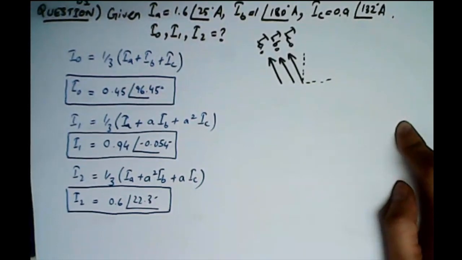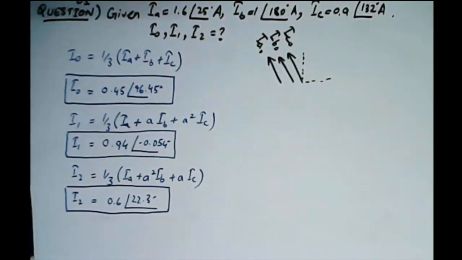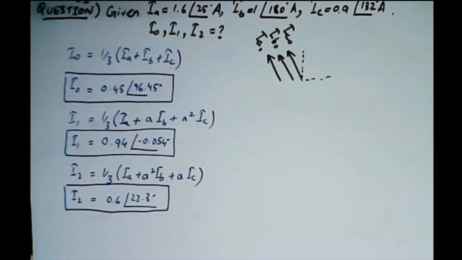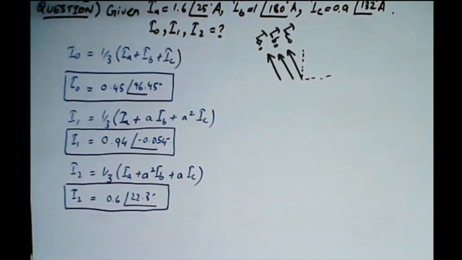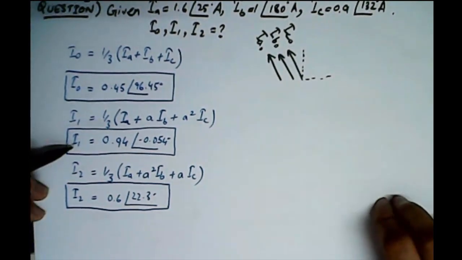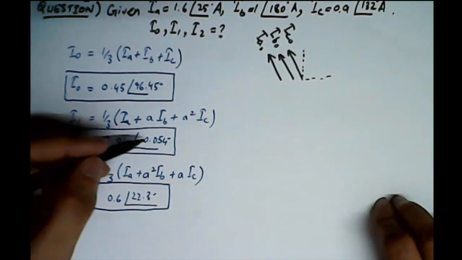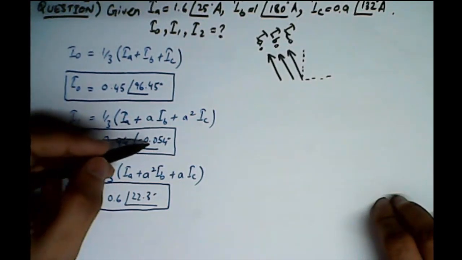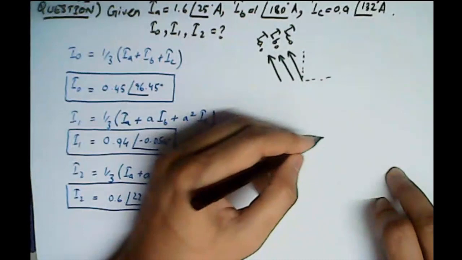Then, coming towards the positive sequence, we can say I1 is 0.94 angle minus 0.05, so this is about 0.